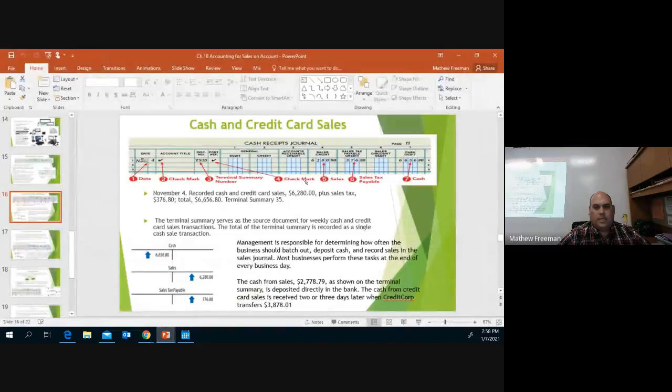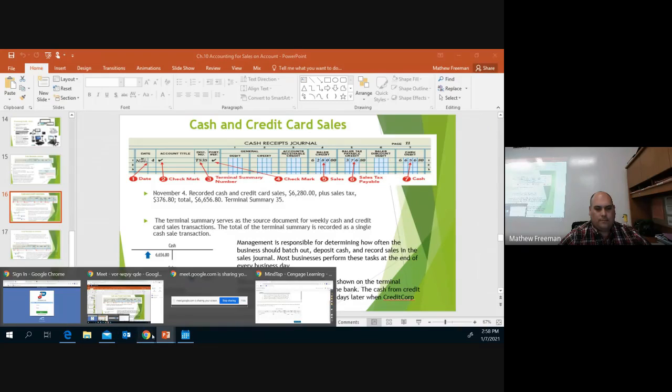Let's see, we double check. We get the 2280 plus the sales tax. Replace the total and the cash debit. It's the only thing that we're missing to do.